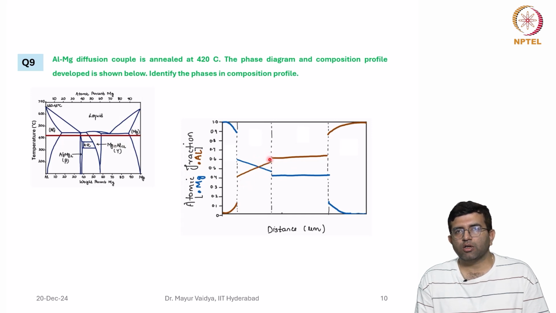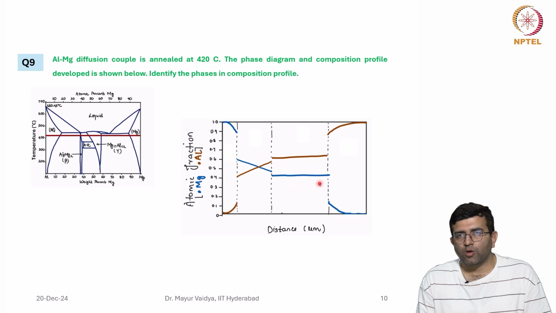And then there is a horizontal portion which should correspond to an intermetallic phase which is a line compound or has a very narrow stability range. Such a phase is the beta phase in this diagram. So this is beta, this is gamma.